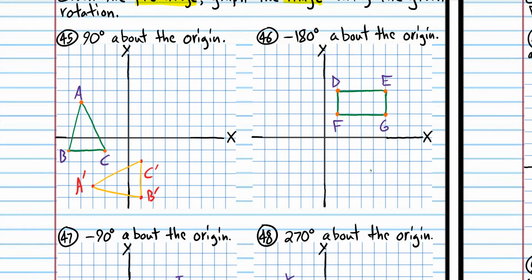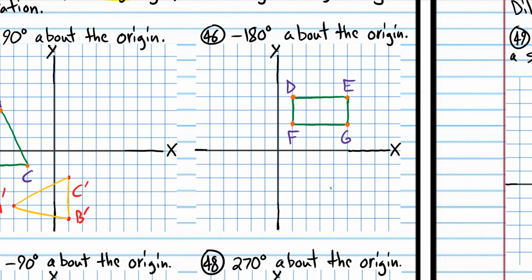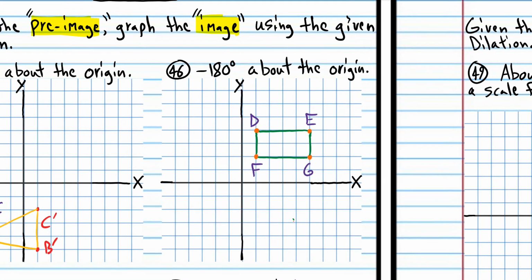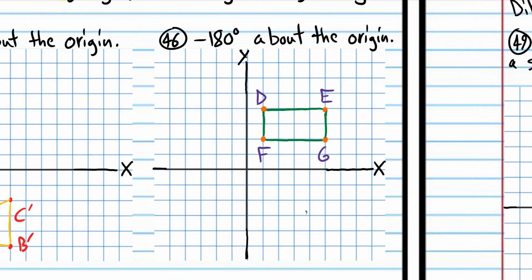So number 46, now we're rotating a negative 180 degrees. So that means you're going to be rotating clockwise this way. So 180 degrees is two 90-degree rotations. All right, so for D, we go out 1 and up 1, 2, 3, 4.